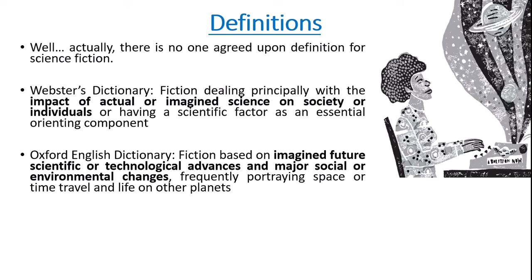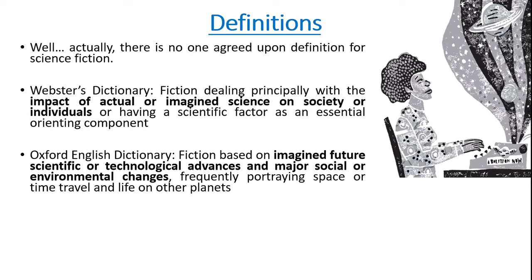social or environmental changes, frequently portraying space or time travel and life on other planets. Now, I didn't bold that last part because I think that that's a really interesting stereotype of science fiction, that it's just about space travel, it's time travel, it's alien life, and those are part of it, but not nearly the full extent of what science fiction really is or can be.